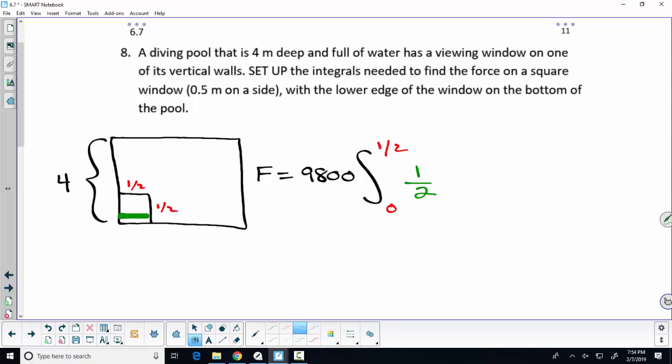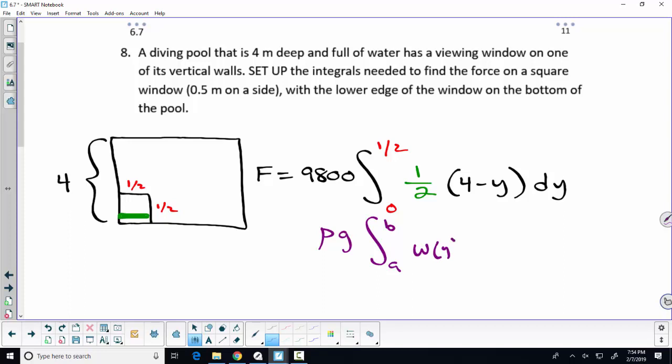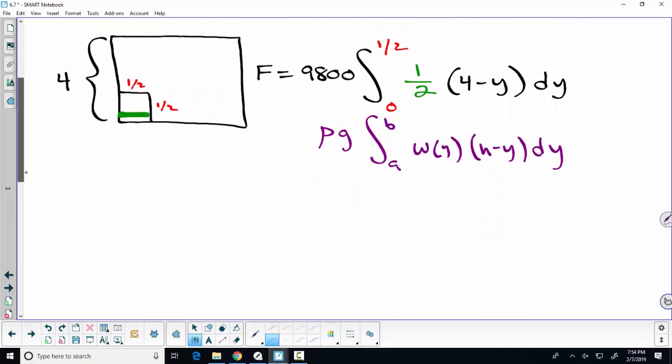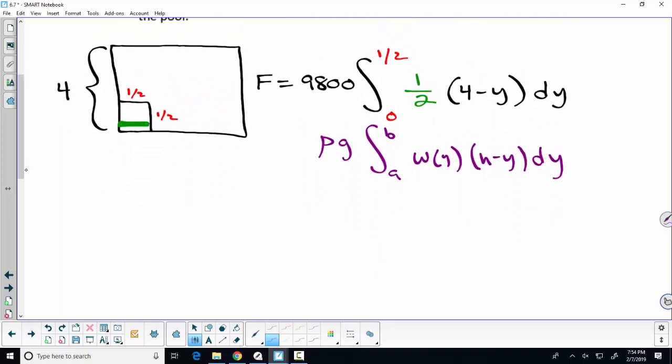Remember, the h is the top of the tank that contains the liquid. So we do have to multiply this by 4 minus y. Are you all satisfied with that? Are there any questions?